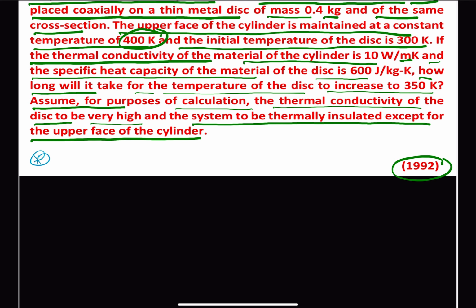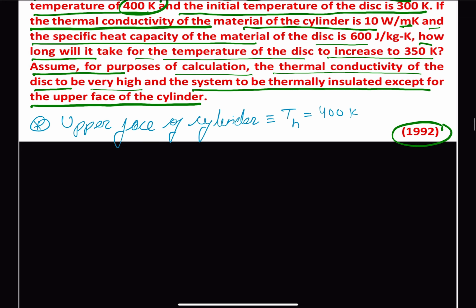So you can say that the upper face of the cylinder, let us suppose its temperature is TH and that is given to us as 400 Kelvin, and this will be acting as a heat source.